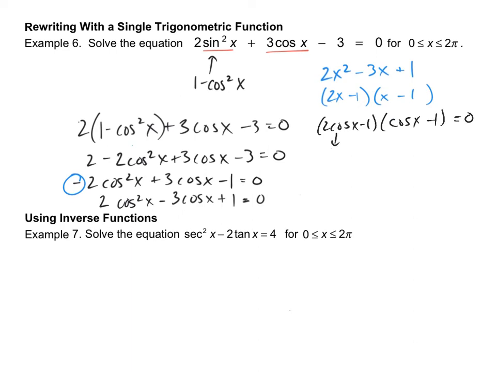So for this one, I'm going to set that equal to 0. I add 1 to both sides, so cosine equals 1 over 2. And then for this one, if the cosine of x minus 1 equals 0, then the cosine of x equals 1. So this happens at pi over 3 and at 5 pi over 3. And then the cosine of x equals 1 at 0 or 2 pi.